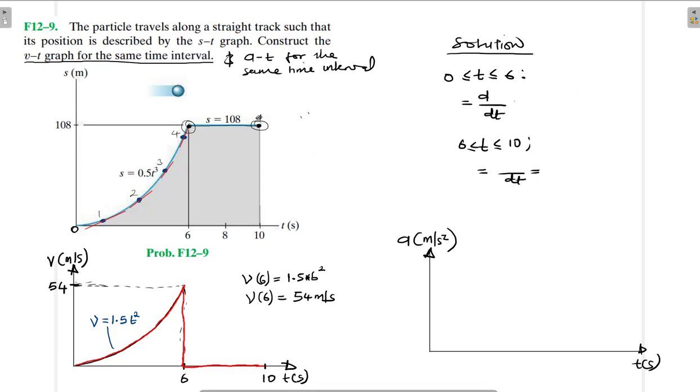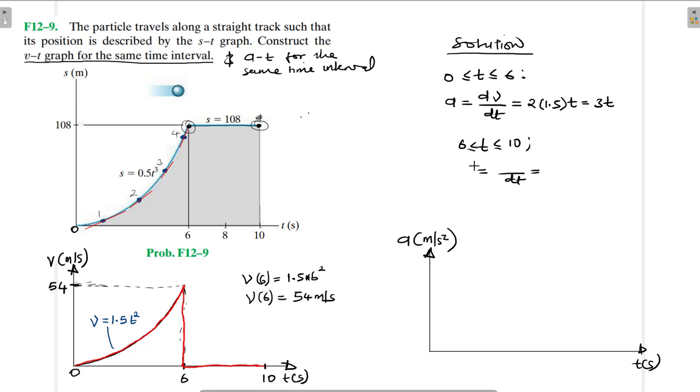Yes. Okay, so we know that acceleration is equal to dv/dt, and our velocity is 1.5 t squared. What's the first derivative of 1.5 t squared? This is going to be equal to 2 times 1.5 by t, which is equal to 3t, in this interval 0 to 6.